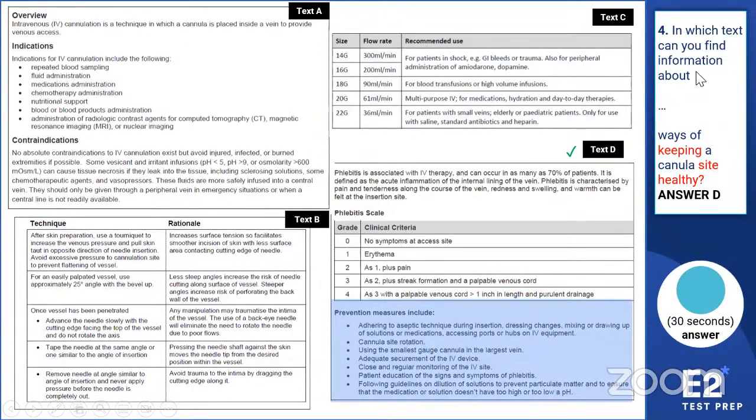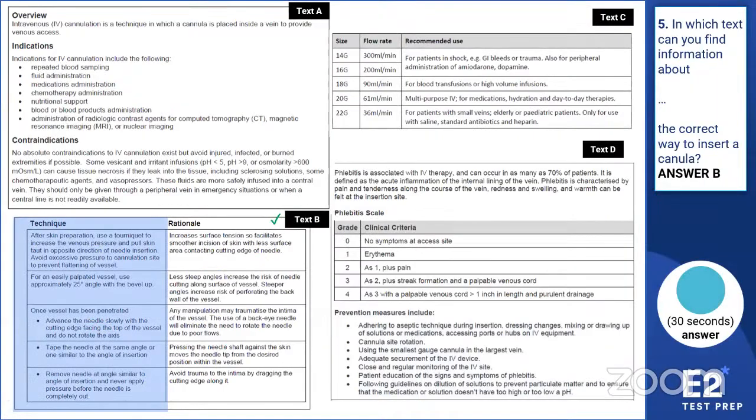And then number 4, where we find information about ways of keeping a cannula site healthy, we're back to D again, preventing phlebitis, because at the bottom it says prevention measures include. So a prevention measure is something you do, and the thing we're preventing is phlebitis, in other words, keeping it healthy. So it's D.